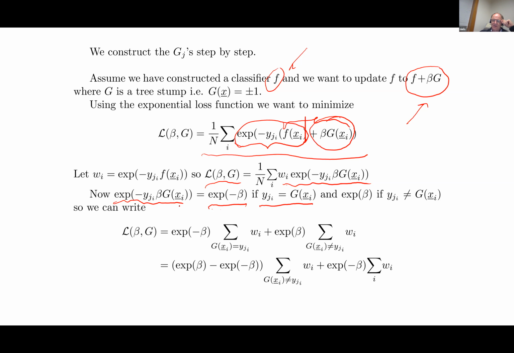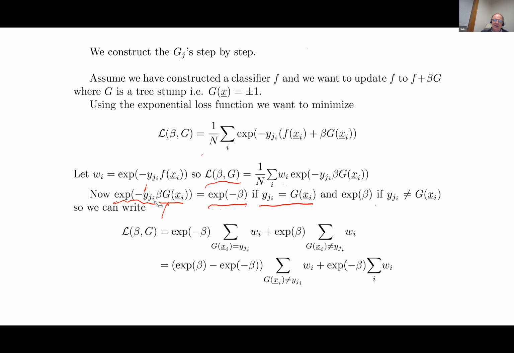If it lies on the wrong side of the railroad tracks, then yi times g of xi will be minus 1, and so it'll be exp of beta here. So these exponentials are only going to take two values, exp of plus beta or exp of minus beta. And it's going to be exp of minus beta when this g here correctly classifies xi, and it's going to be exp of beta when it misclassifies it.